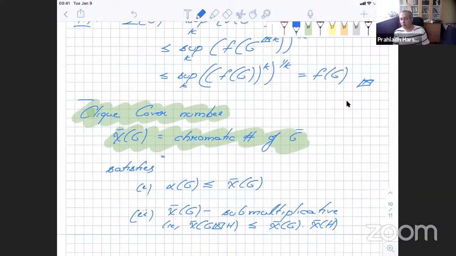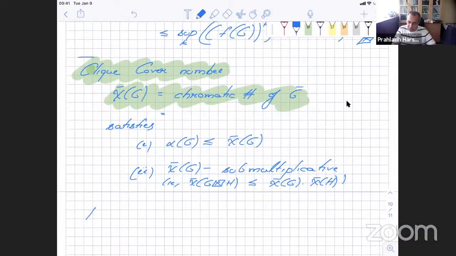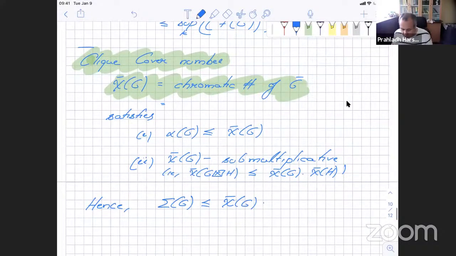Therefore, it's submultiplicative. And hence, out of this, we immediately get that sigma G is upper bounded by the clique cover number. So the Shannon capacity of a graph is lower bounded by the independent set and upper bounded by the clique cover number.